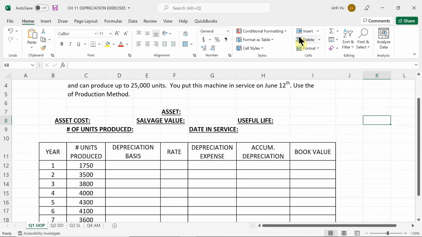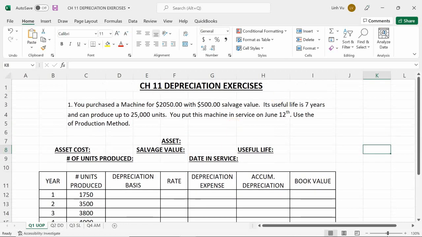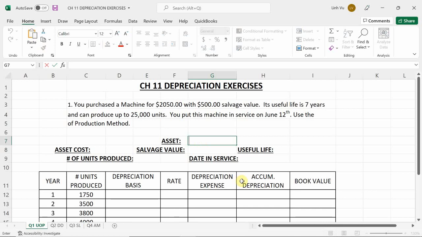So we have every component that we need, right? What did we buy? We bought a machine. How much did it cost me? $2,050.